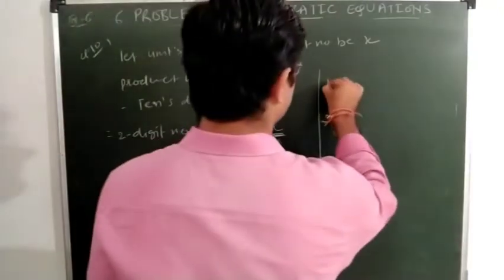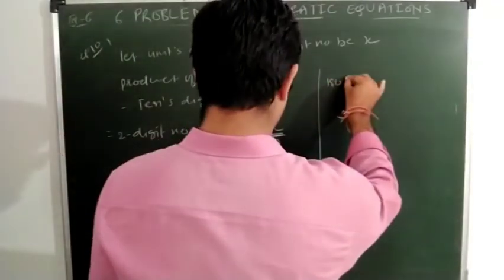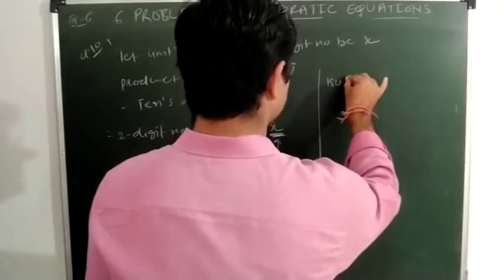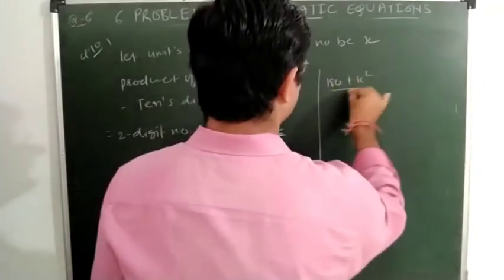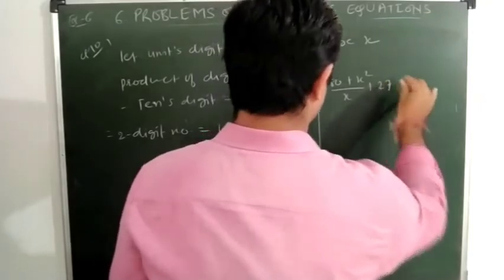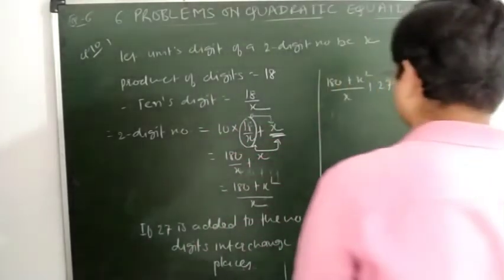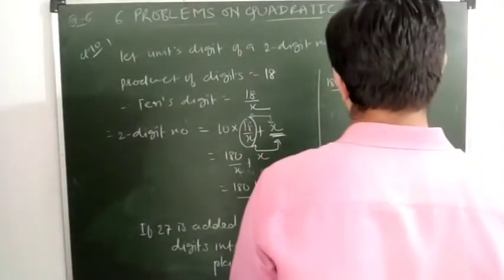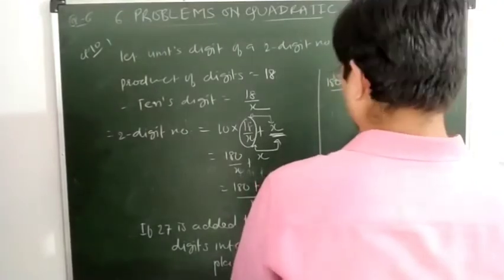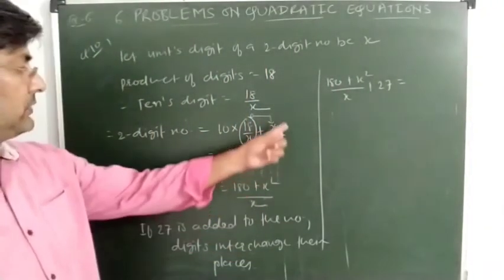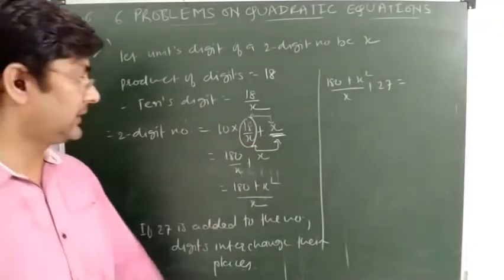The original number is 180 plus x square upon x, plus 27, is equal to, now we will write the same statement but interchanging the digits.